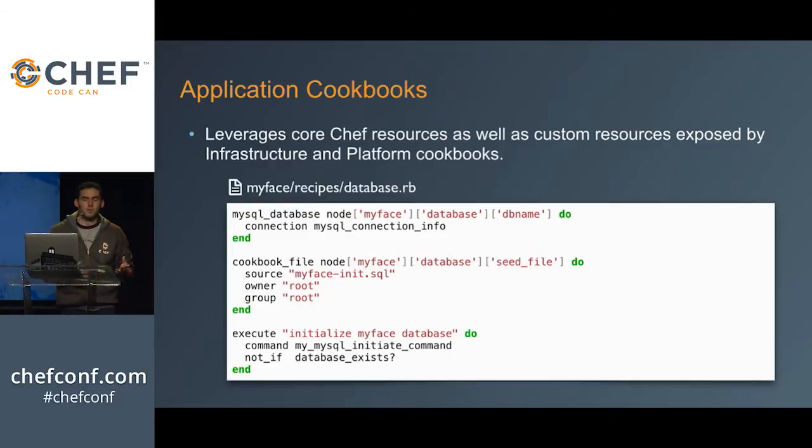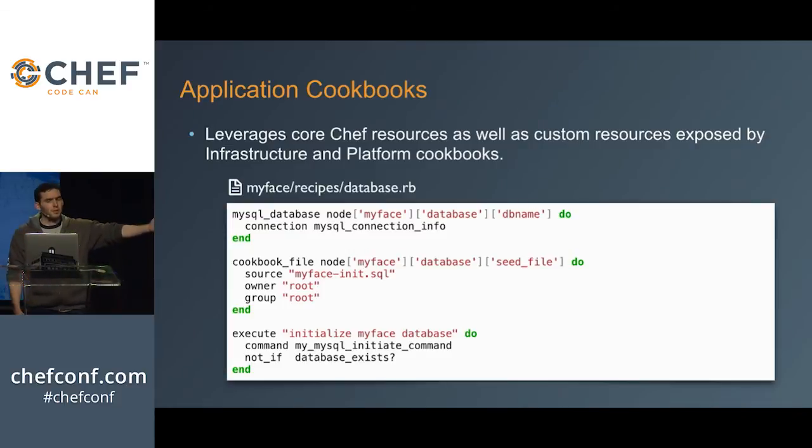Application cookbooks will then leverage both custom resources exposed by the infrastructure and platform cookbooks in addition to the core Chef resources. So here's an excerpt from that database recipe from that MyFace application. You can see that first resource is a MySQL database resource. It's going to set up that MySQL database.